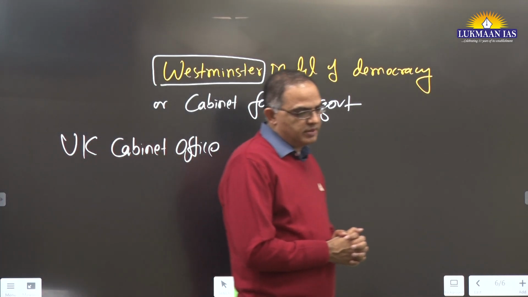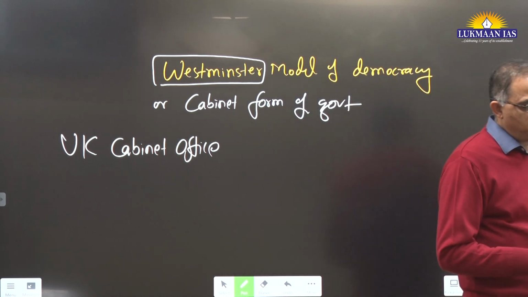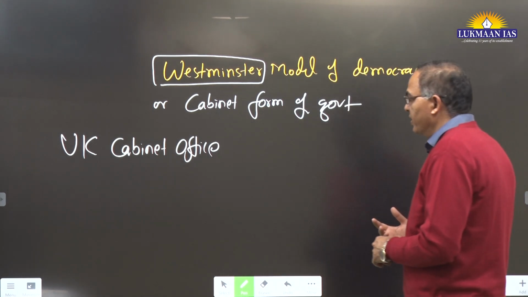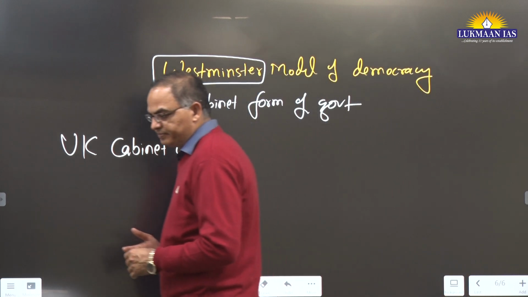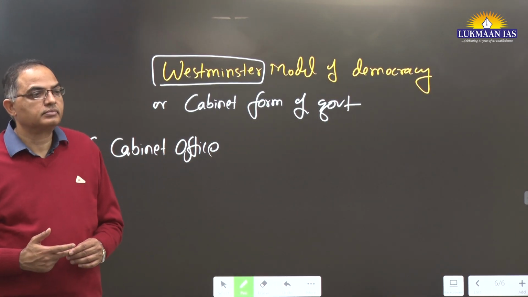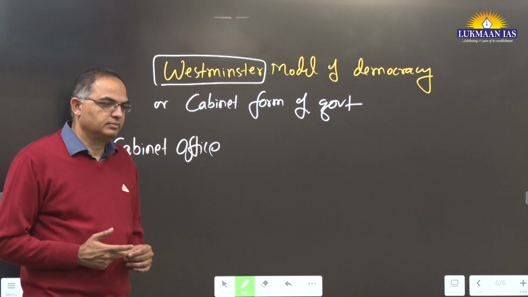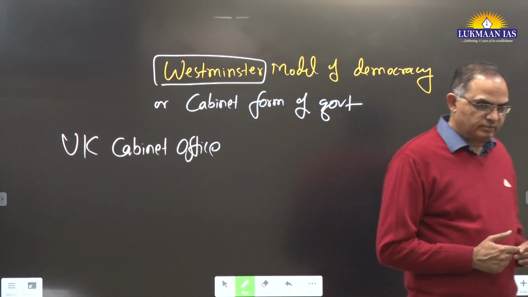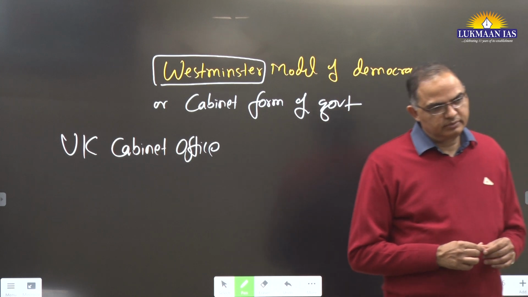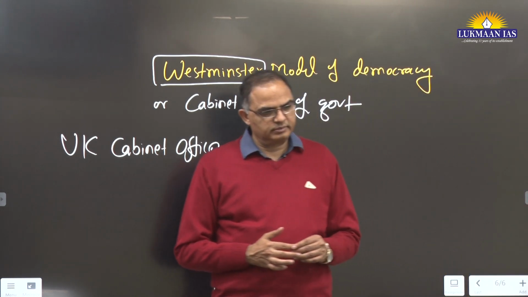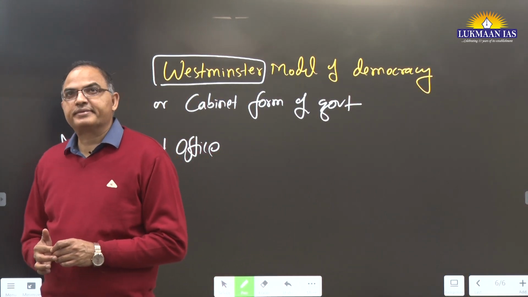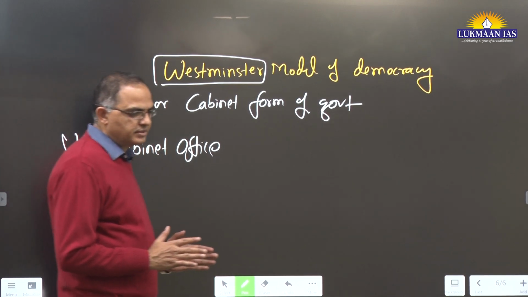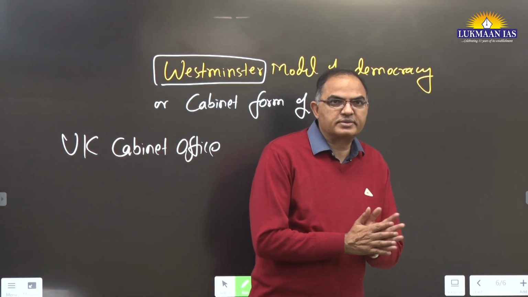Right. So, by the way, what are the differences between them? Constitutional supremacy in India, parliamentary supremacy, cabinet, PM, president, separation of powers. Yes. So there are differences, we can say. So let's write on this.